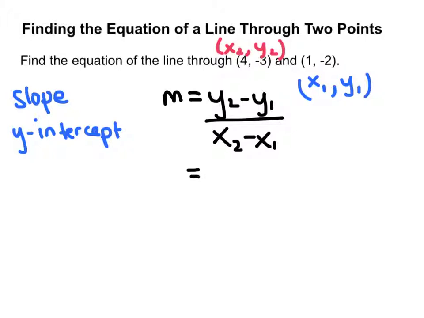So if I plug those into the formula, y2 is -3. I have the minus sign from the slope formula. y1 is -2. x2 is 4.